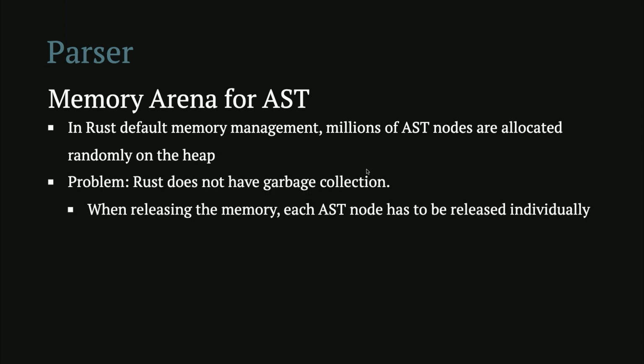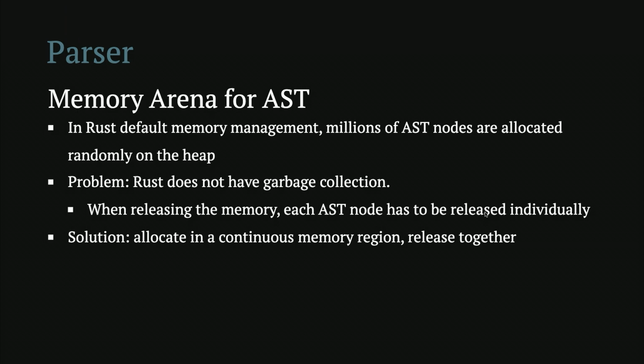So Rust does not have a garbage collection, so it will just be in random places in your memory, and that's really slow. And when you release the memory in Rust, they have to be released individually, which is also slow. So your solution is allocate a continuous memory region, and then you release them together. So you allocate a whole memory region, put AST nodes in it, and then you just throw it away all together. This will make the program fast.